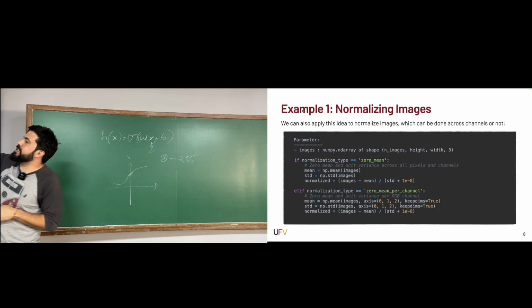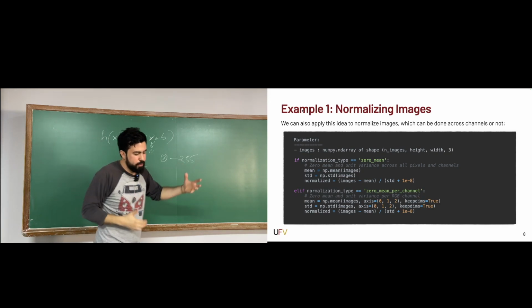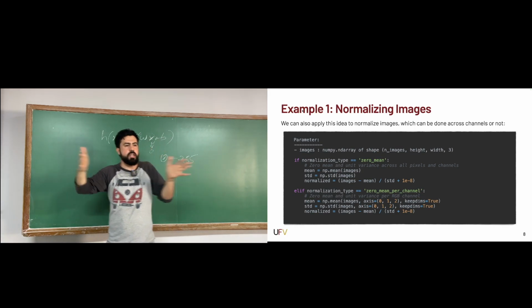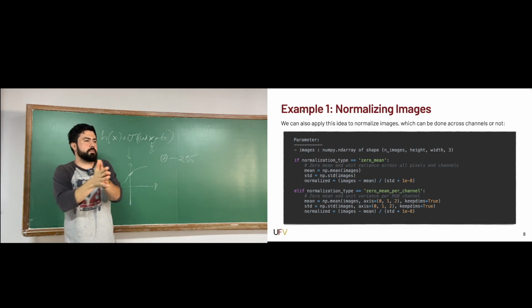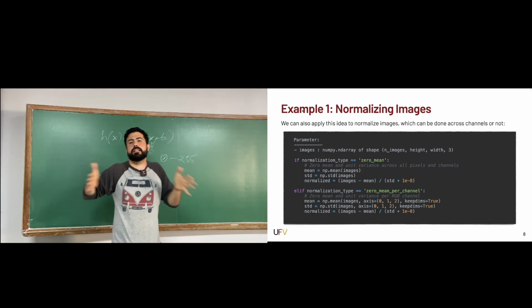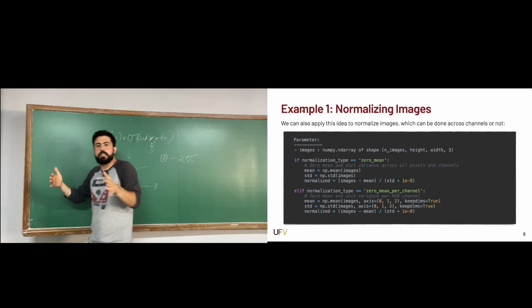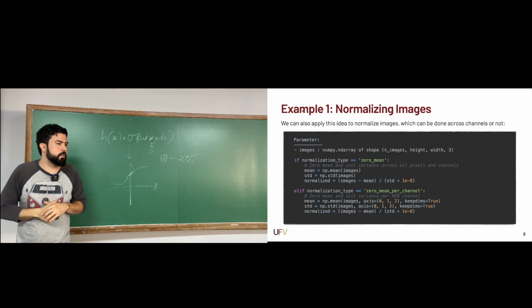And there is an if-else here, because with images you can do that in 2 different ways. You can average across channels and then have a mean and standard deviation across all the 3 channels, or you can do that independently per channel. You can take the average and standard deviation independently for each channel, and that would be the implementation at the bottom.